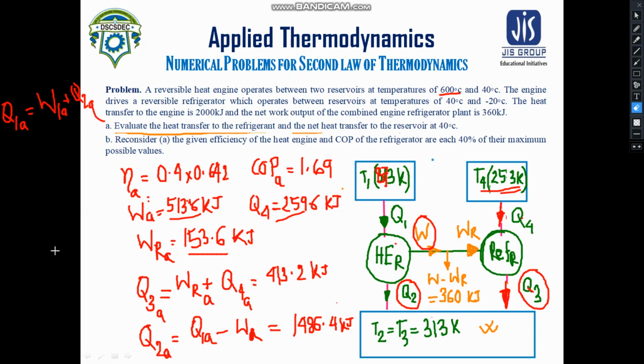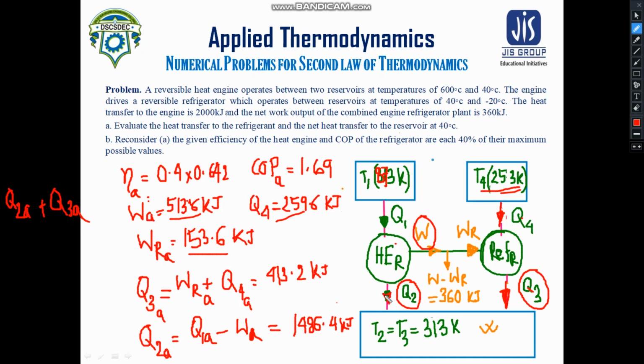Okay, so now you have found out the values of Q3 and Q2 when the efficiencies and the COPs have been reduced to 40% of the ideal case. Okay, so now you just need to add it up and you will find the net heat transfer to the reservoir at 40 degrees Celsius. Okay, so it will be Q2A plus Q3A, right?